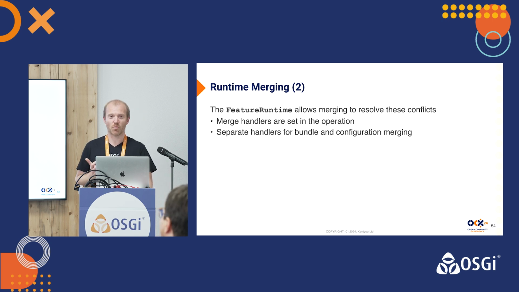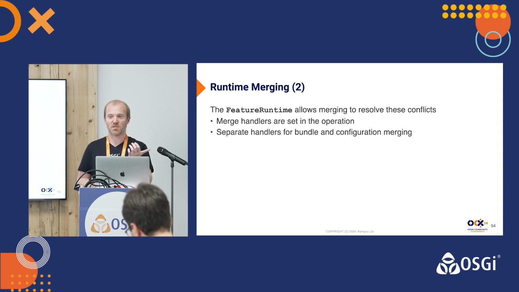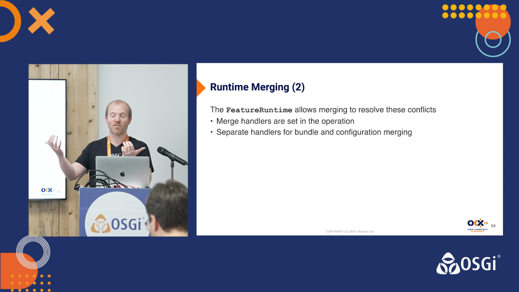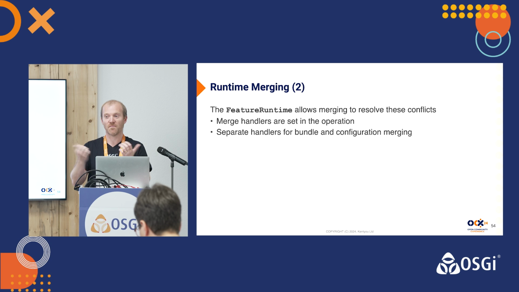The bundle handler will be called basically any time that you have a bundle that has the same group ID, artifact ID, but different version. And if you're in that situation, it will say, here's the bundle that I've been told to install. Here's the set of bundles that I think are potential clashes. What do you want to do about that?